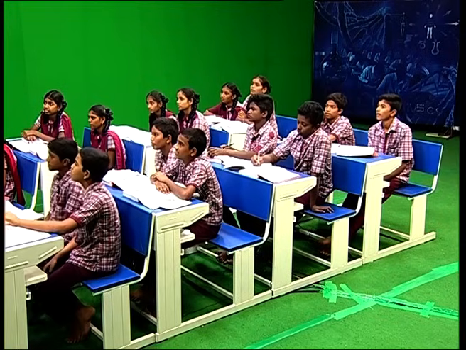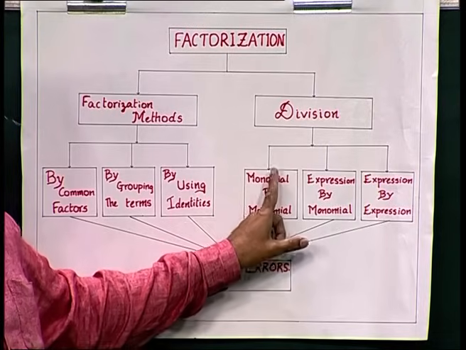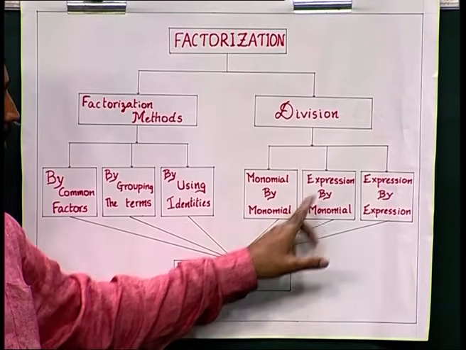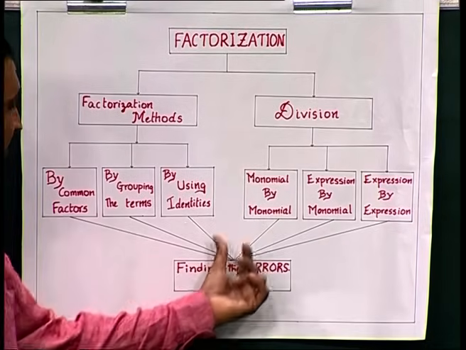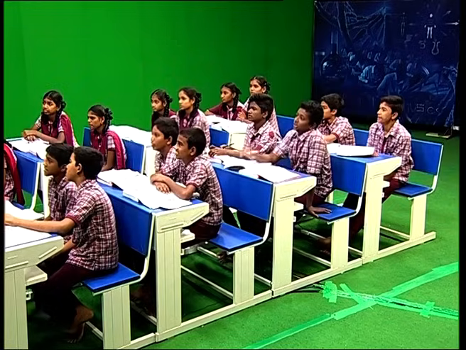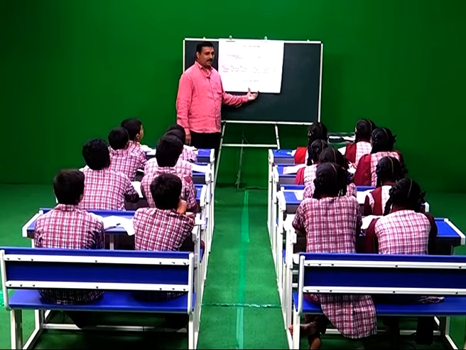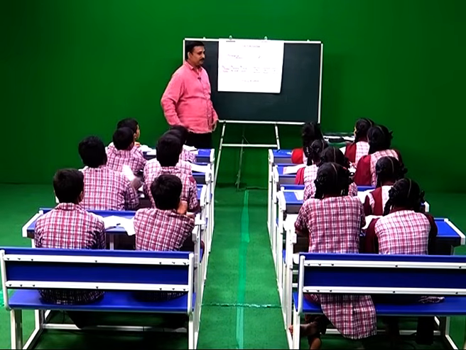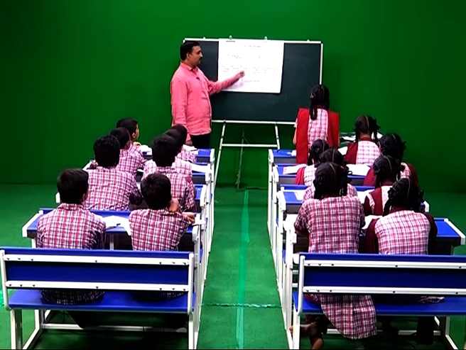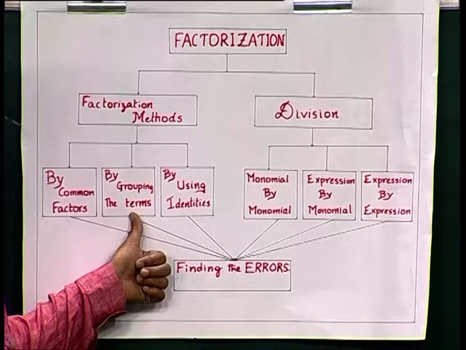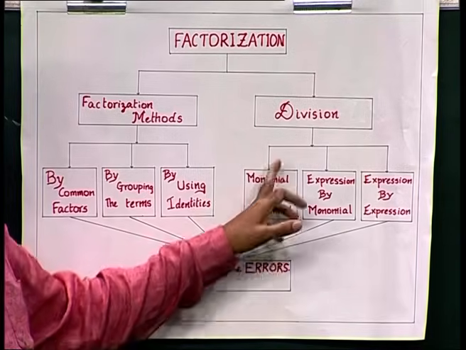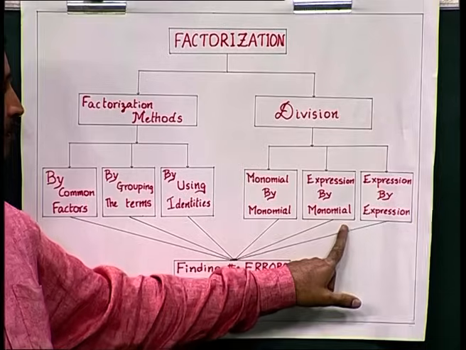And for division: division of monomial by monomial, expression by monomial, expression by expression. Then in all these things, we find the errors. If any mistakes are there, we will identify them. You read this.